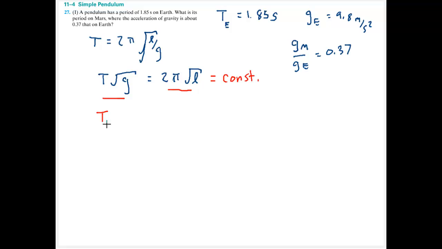So now we can say that the period on Earth multiplied by the square root of the gravity on Earth is going to be a constant value. That must also be equal to the period on Mars multiplied by the square root of the gravity on Mars.